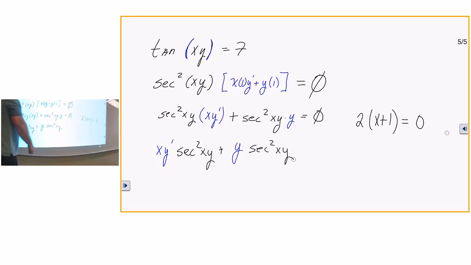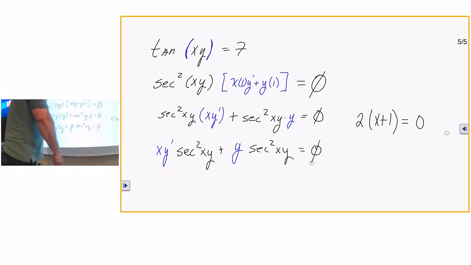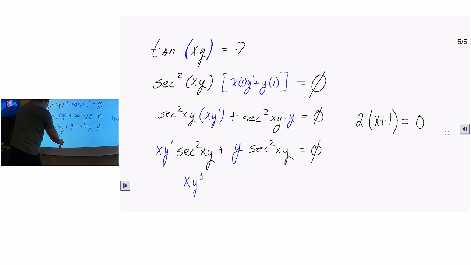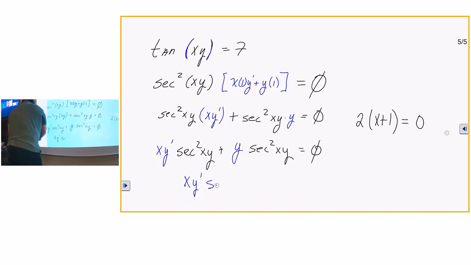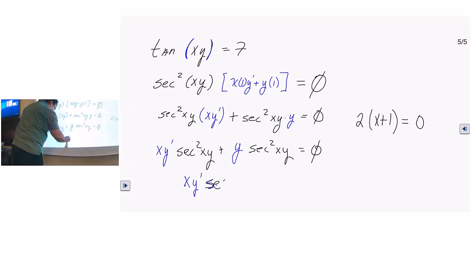And of course, which one does not have the y prime in it? This one, so you're going to move it over. How do you get rid of plus all that stuff? Minus all that stuff. You do it on one side, you do it on the other. So x y prime secant squared xy equals negative y secant squared of xy. After this problem, I'm going to quit with the going back and forth.